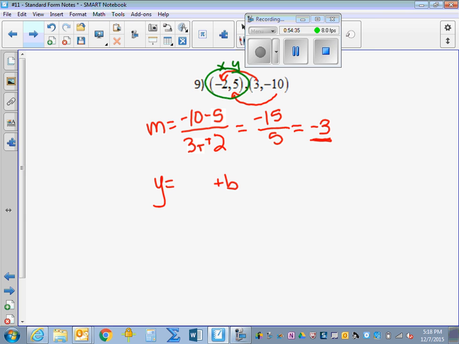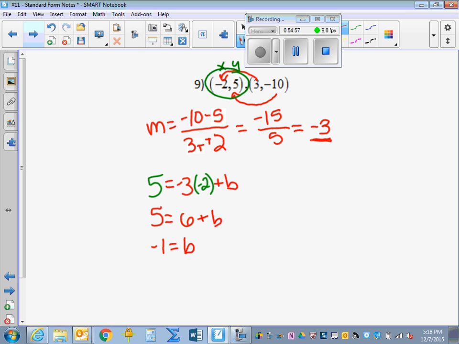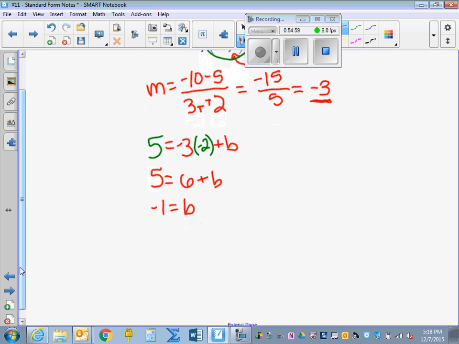So we have negative 3 was my m, times negative 2, and my y value was 5. Now when we solve, we get 5 equals positive 6 plus b. Subtract my 6, I get negative 1 equals b. So my equation then is y equals negative 3x minus 1.